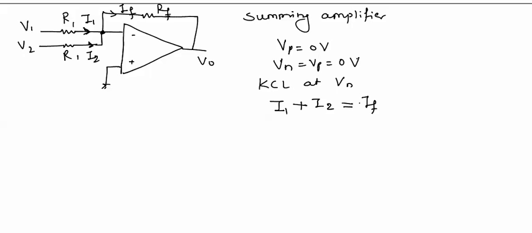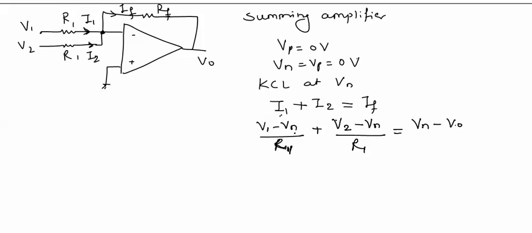This time I have taken two incoming currents, I1 and I2, while there is one outgoing current that is equal to IF. So I1 can be written as V1 minus Vn divided by R1. Note that I1 is substituted by seeing its direction. It is going from V1 to Vn divided by R1, plus I2. Direction is incoming, coming from V2 towards Vn divided by resistance R1, equal to IF, which can be substituted as Vn minus V0 divided by Rf.